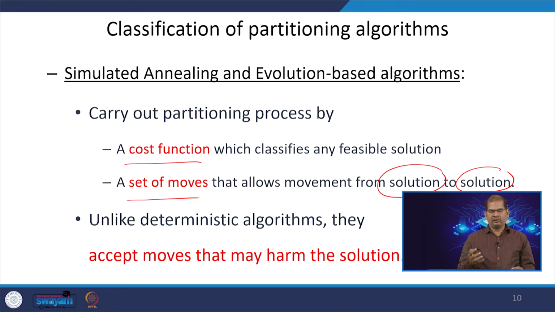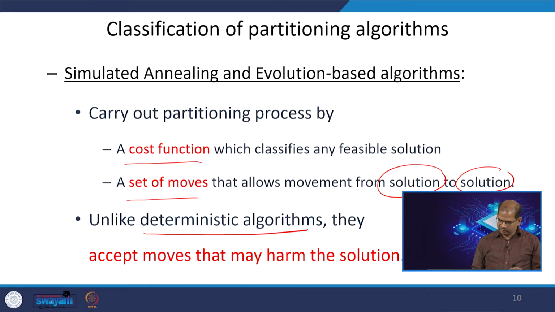Okay. So, what is the advantage of the method followed in simulated annealing? In case of a deterministic algorithm, we always look for improvement all the time. But in case of simulated annealing, we accept a move even if the solution is not good.